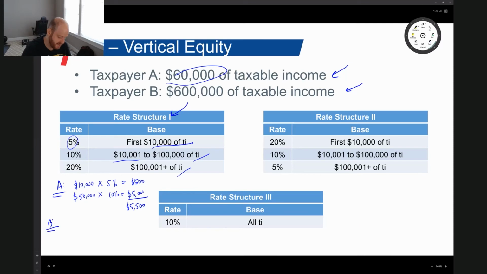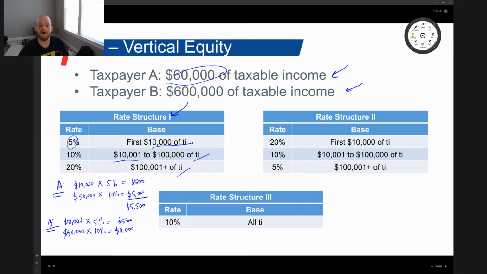All right, let me move this up here so we can do taxpayer B. Once again, the first $10,000 is going to be taxed at 5%, so that's going to be $500. The next portion of taxpayer B's income is the portion from $10,000 to $100,000. So that $90,000 chunk is going to be taxed at 10%. So that is $9,000.